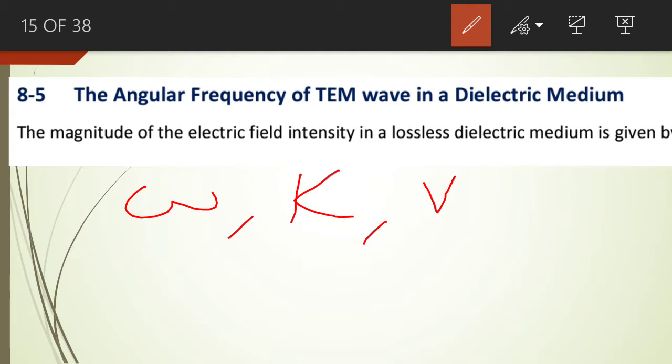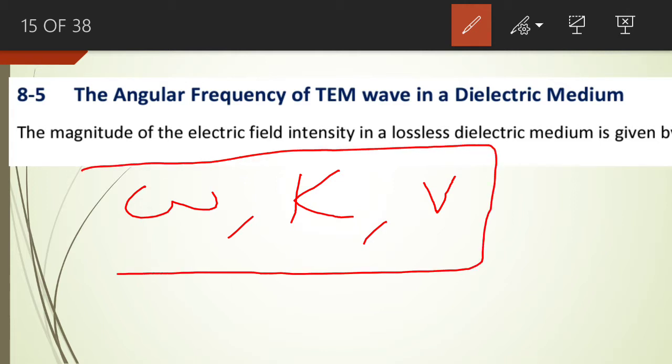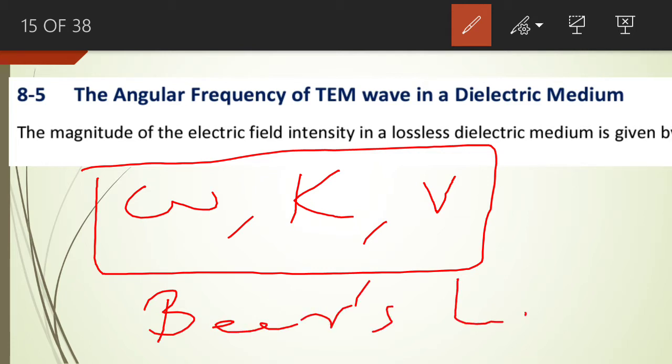So we are going to discuss these three electrical quantities. We shall derive the equation for all these three electrical quantities in this class, and then we are going to discuss the Beer's law. Okay, so we will discuss these quantities in this particular class.